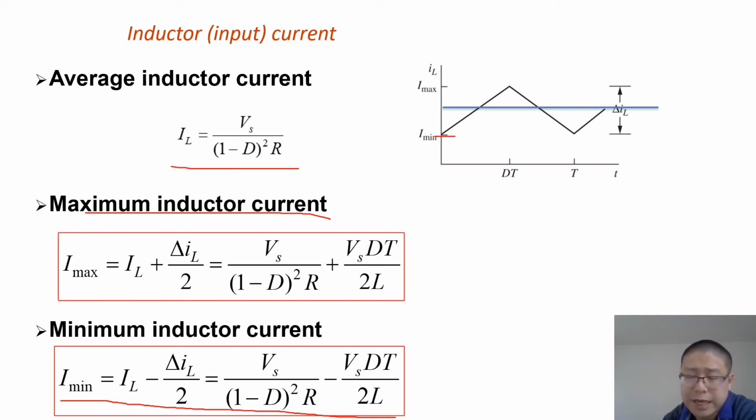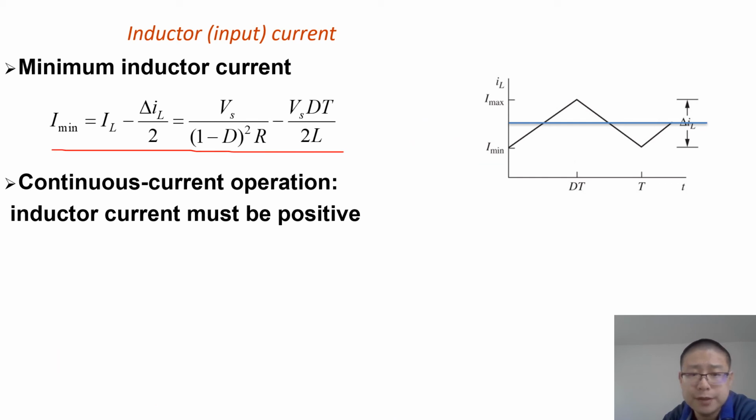In order to guarantee that the circuit works in continuous current mode, we need to make sure that the I minimum is greater than or equal to 0, because all our analysis was based on the fact that the circuit works in continuous current mode. If it works in discontinuous current mode, we will discuss this in future lectures.